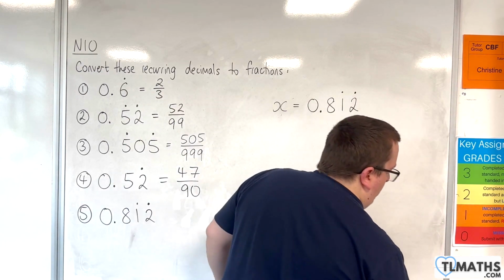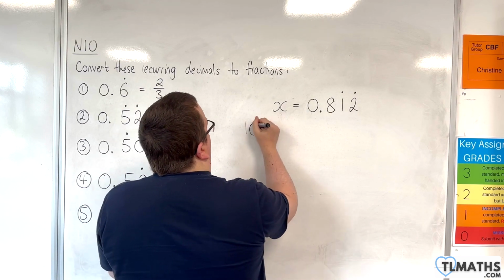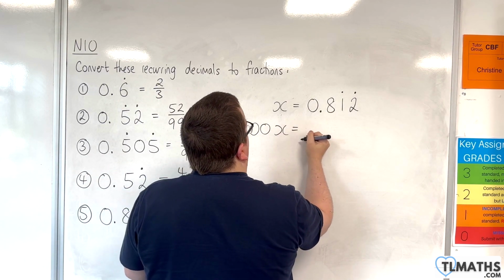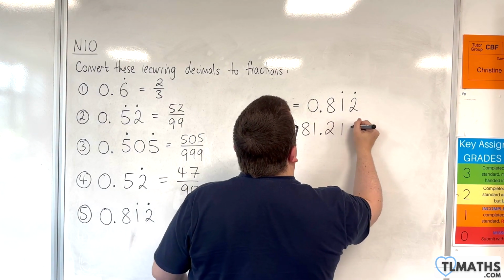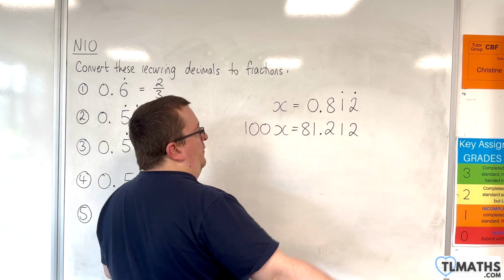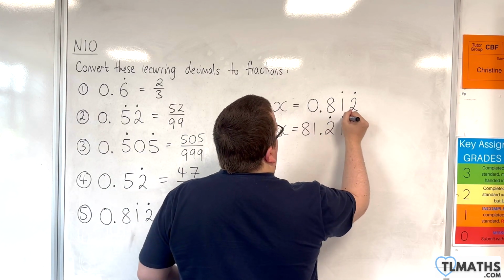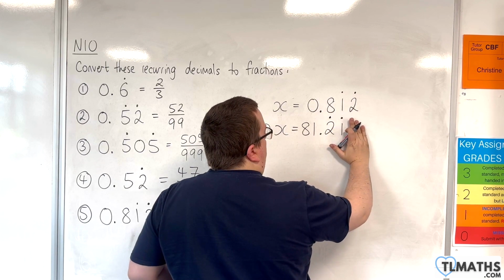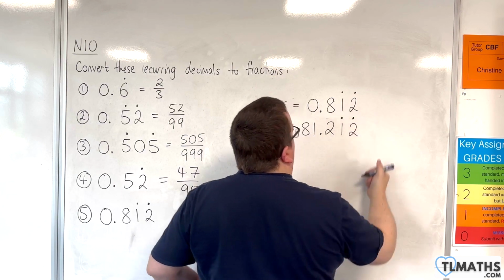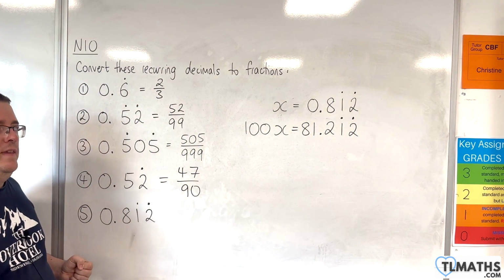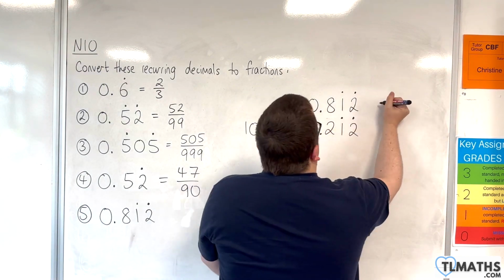That doesn't help me. So in order to make sure it matches up, I would multiply through by 100. So I would get 81.2121212, etc. And again, you would usually put the points there to identify that it's 2, 1 that is repeating, but just to aid us, I'll put the point there so that we can see that the 1, 2s are matching up.